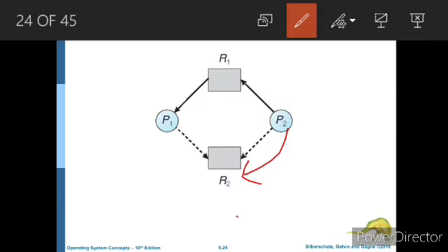Since R2 is available, it can be assigned to P2. Now what will happen? There is a formation of a cycle, from here. So there is a possibility of a deadlock. So we cannot allocate R2 to P2, since this will create a cycle in the graph.